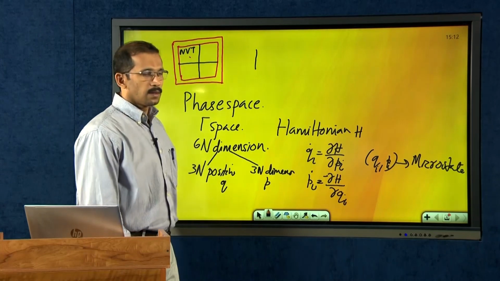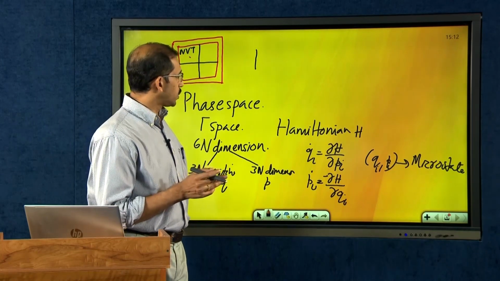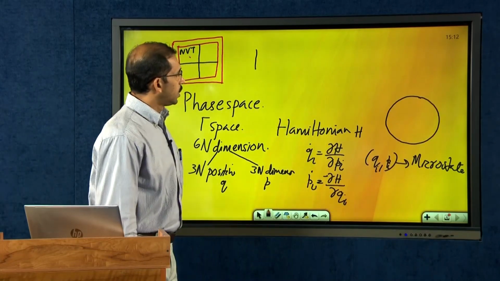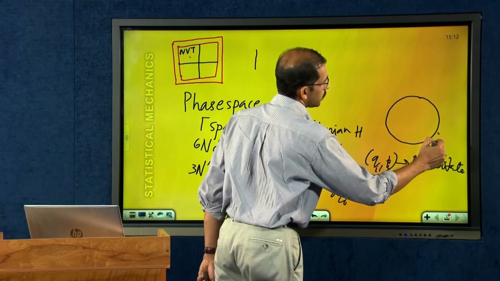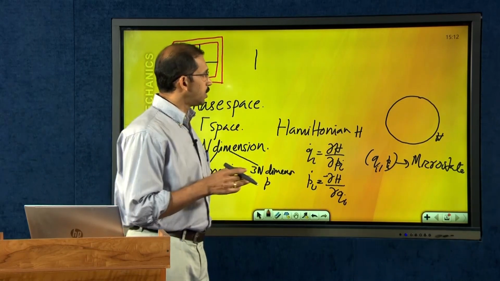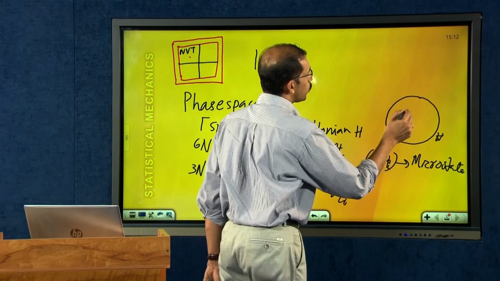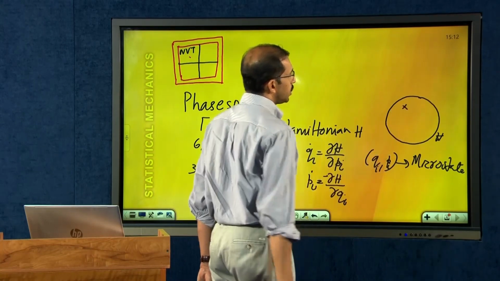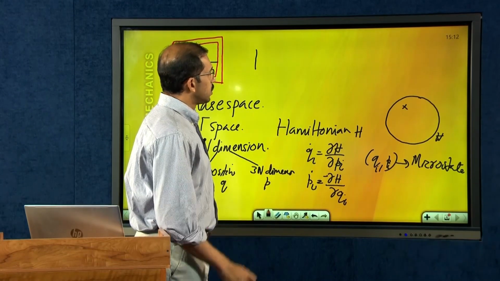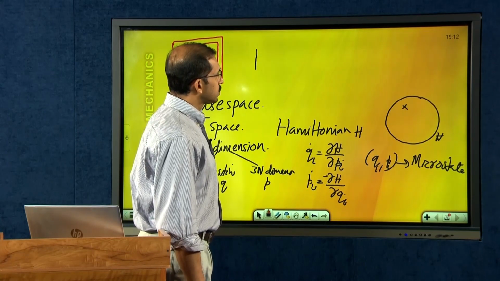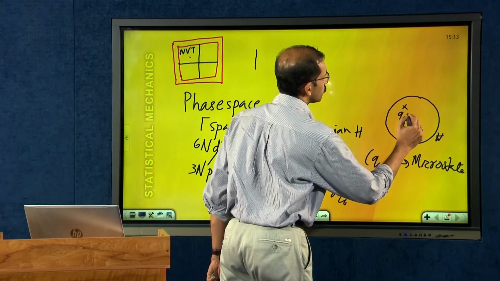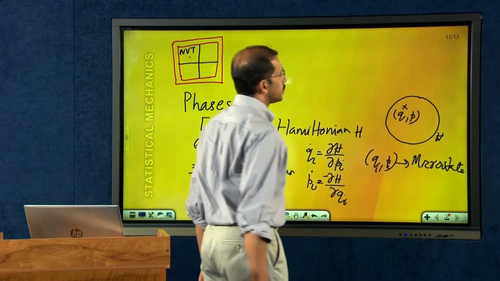And the hypersurface which we were talking about, which I can draw like this, has its boundaries defined by the energy or the Hamiltonian, and I can always spot some point in this sphere of 6N dimensional space with vectors or coordinates q and p.